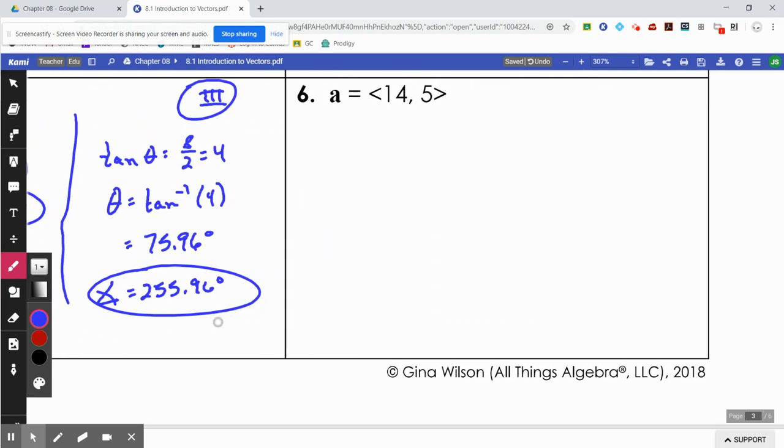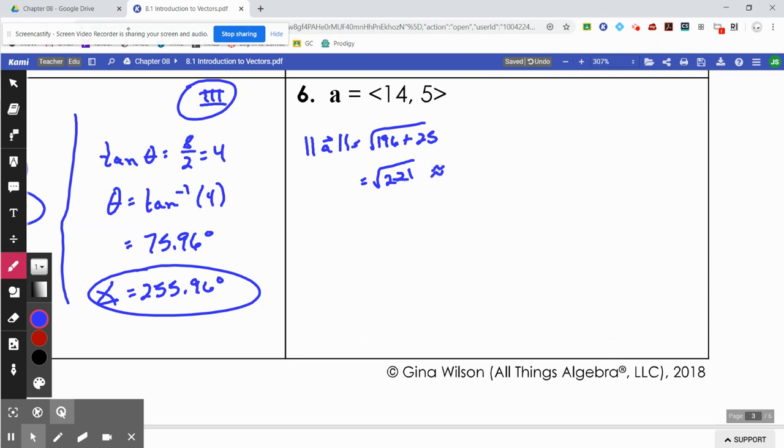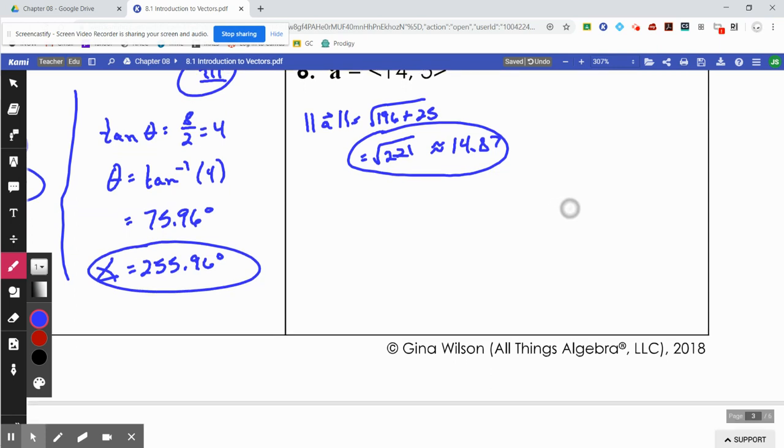Okay, number 6. Again, magnitude of vector A will be the square root of a squared, which is 196, plus b squared, which is 25. That's going to be the square root of 221, which is about 14.87. So there's exact and approximate.